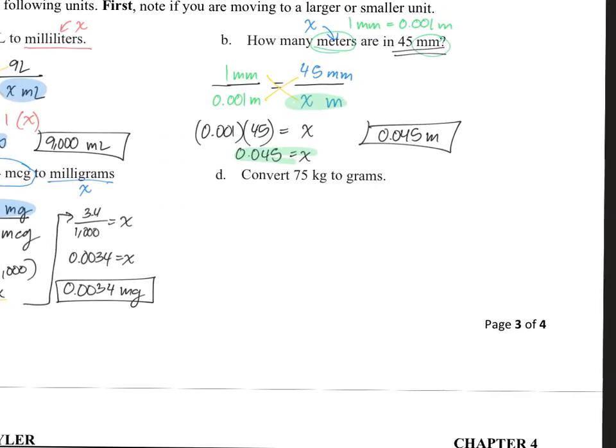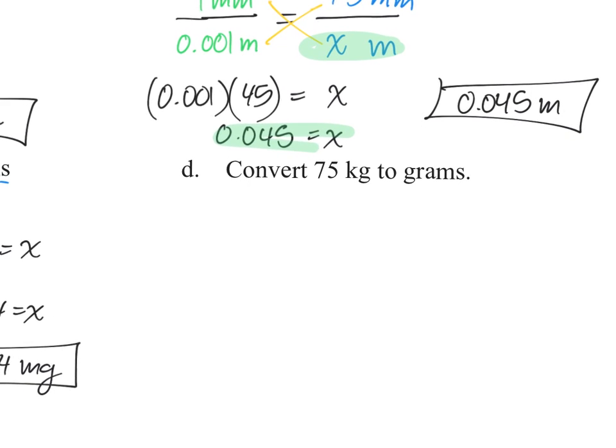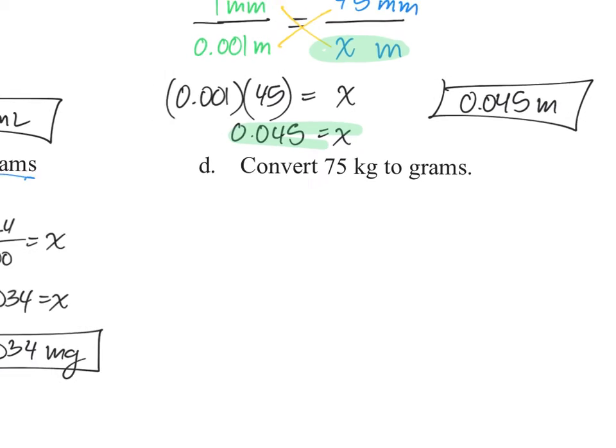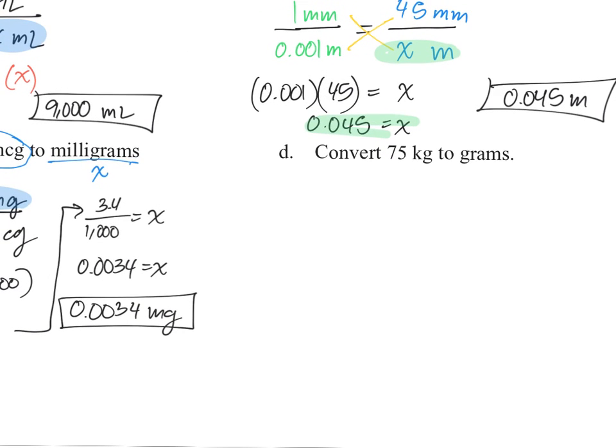And D, convert 75 kilograms to grams. Well, do we have an equation that relates kilograms to grams? Yes, we do. You can go ahead and check your chart with this, but we have that 1 kilogram is equal to 1,000 grams.